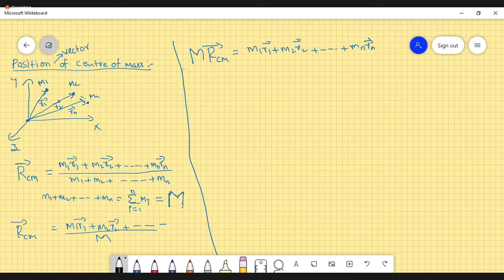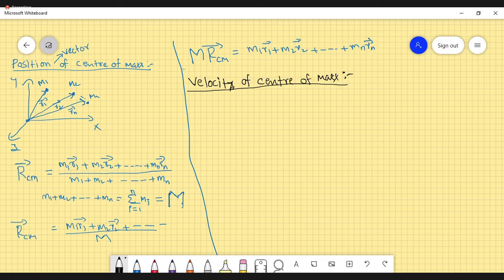So the next one is velocity of center of mass. What is the general definition of velocity?